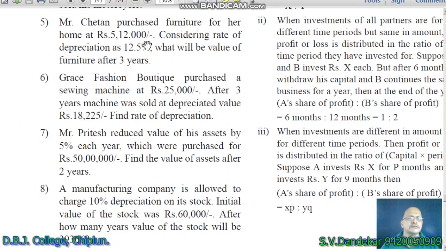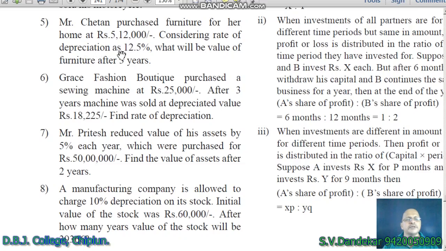Let us discuss the next problems only. We are going to discuss using the formula. We will find only the values V, value after n years, R and n. Now in this problem, Mr. Chetan purchased furniture for home at rupees 5,12,000.